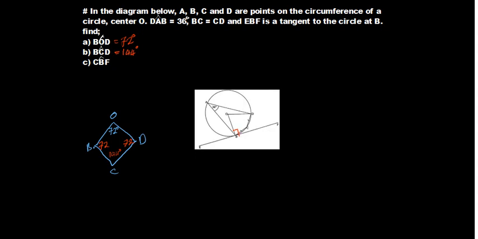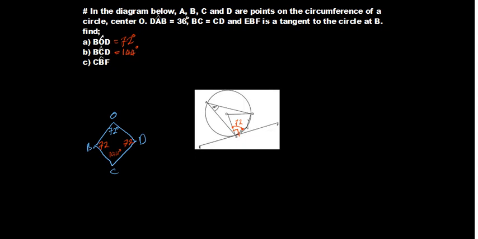So from the chord OB to the tangent, the angle that we have is 90 degrees, meaning everything that we have here is 90 degrees. But from this point to this point, we have 72. What we're looking for is from this point to this point.